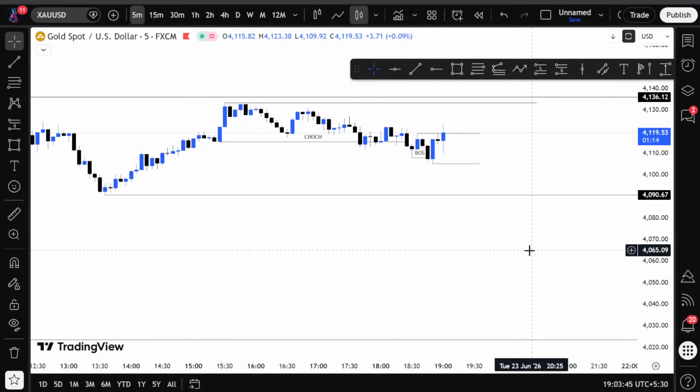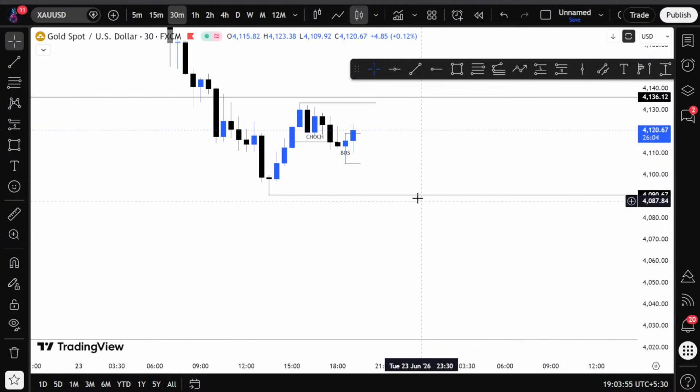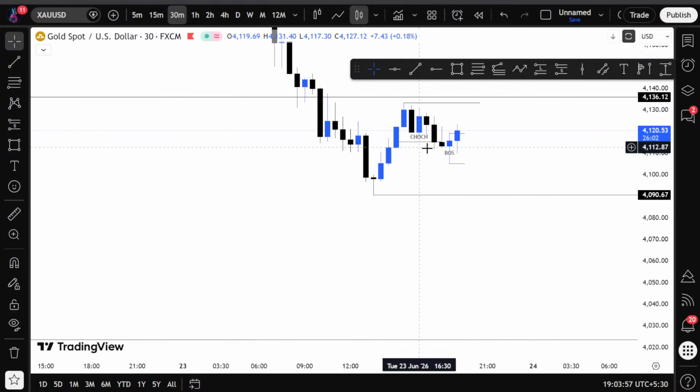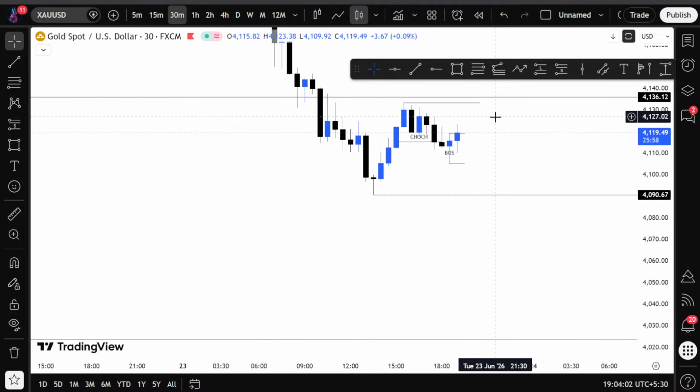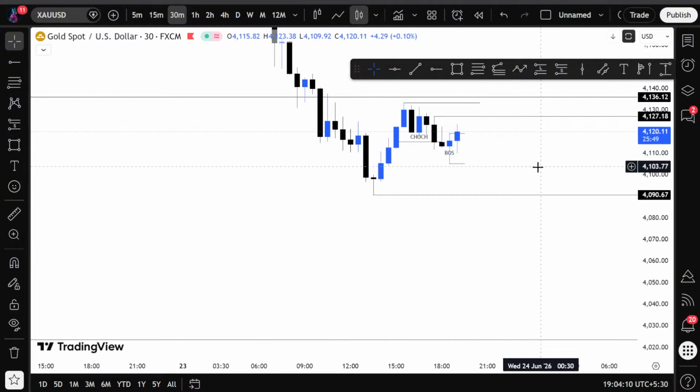Ten minutes to news. We might see a spike till this area around 27.